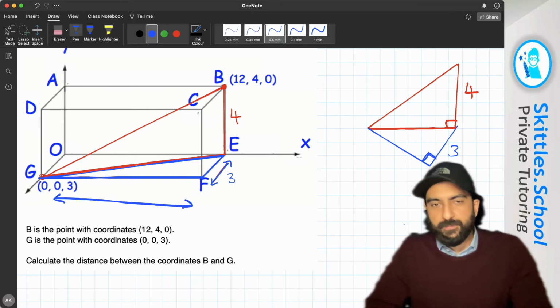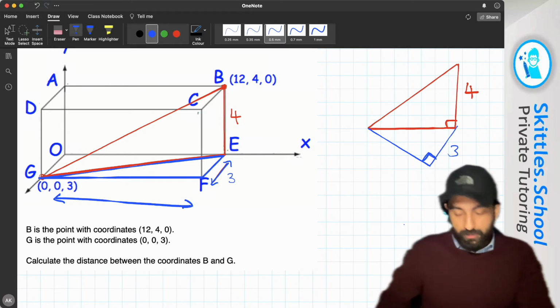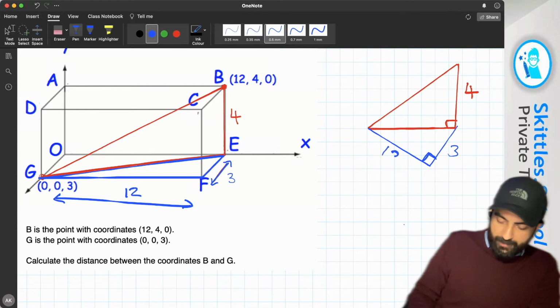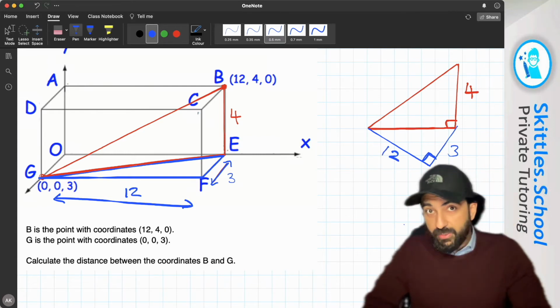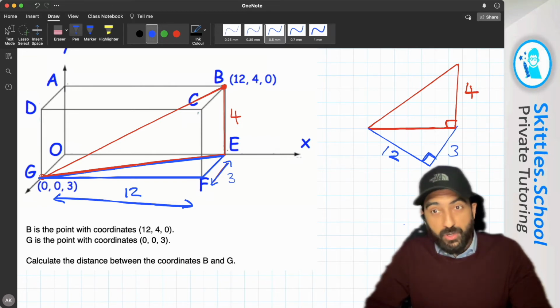F to G. Well, again, that's the same distance on the x-axis as B. So that's 12, so we know that one's 12 there. So using these two numbers, we can apply Pythag to work out the bottom side of the red triangle.